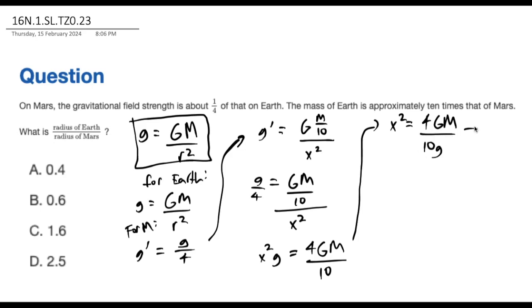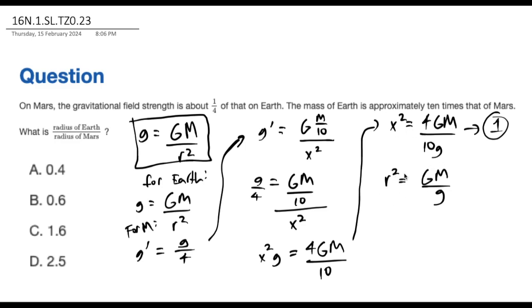That's our first equation. Second equation is just rearranging the gravitational field strength of Earth, so r squared is equal to GM over g.